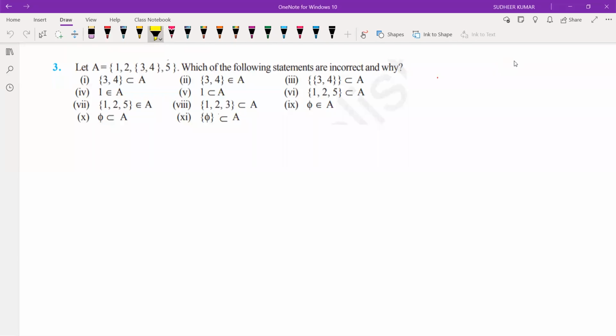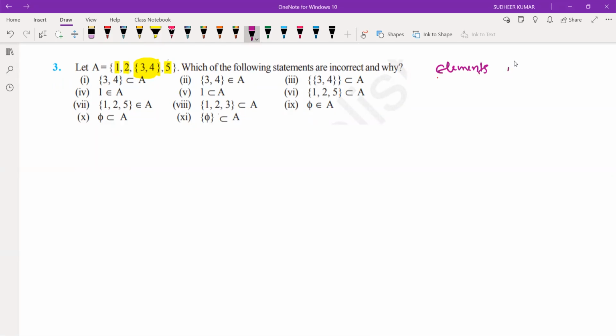If you observe, what are the elements that are given in set A? This is one element, 1. 2. Here, the set of 3, 4 is completely one element. 5 is an element. What are the elements in set A?